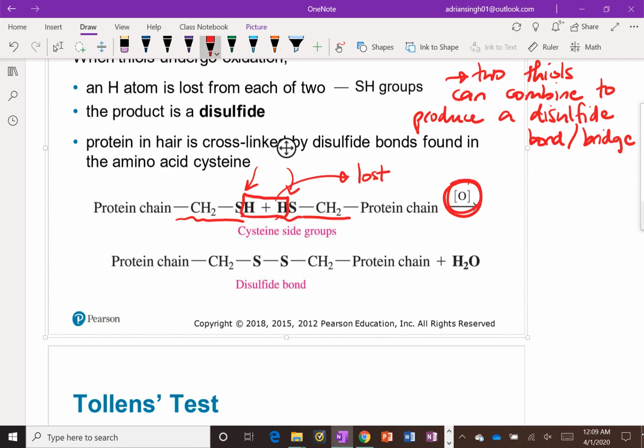Then the sulfurs that end up being by themselves just connect with each other by this disulfide bridge, or disulfide bond. Disulfide means two sulfurs that are attached to each other, and it brings those two molecules together by that covalent bond that ends up being formed.